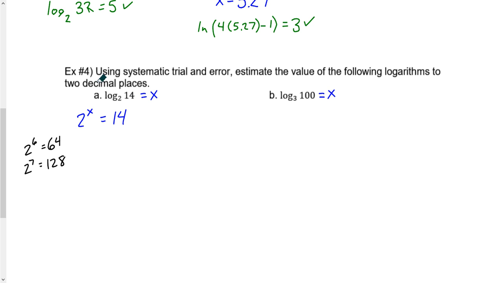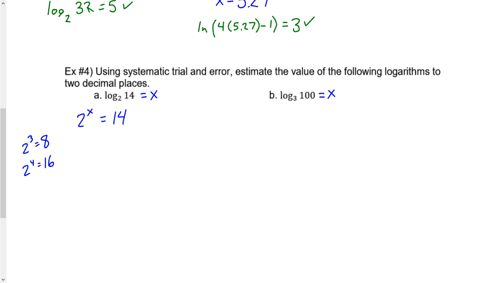Ignore that. For some reason, I was thinking 100 over here. I'm sorry, guys. 2 to the power of 3 is 8. 2 to the power of 4 is 16. Here we go. That's going to be a lot nicer. Okay, so it has to be 3 point something.